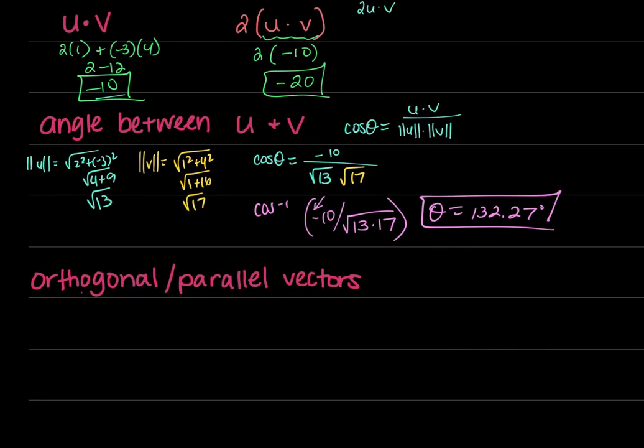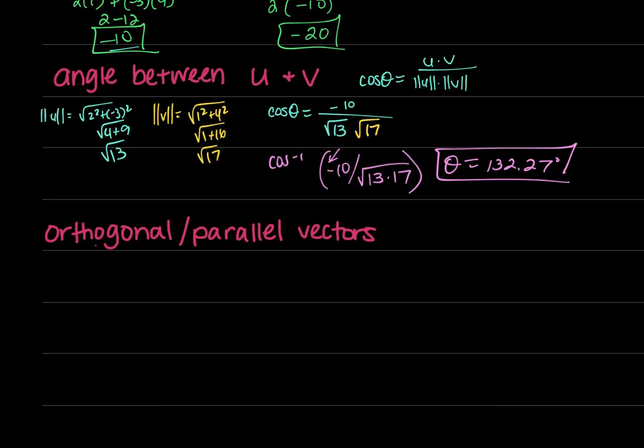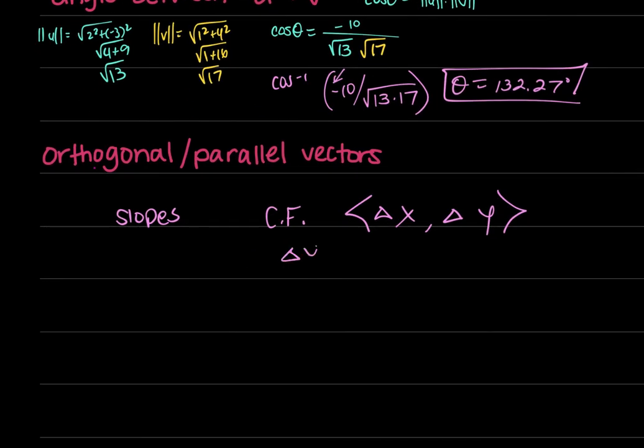All right, then orthogonal and parallel. Remember, we're going to find the slopes here. If my component form is the change in x, comma, the change in y, then I would do the change in y, which is the second term, over the change in x, which is the first term.